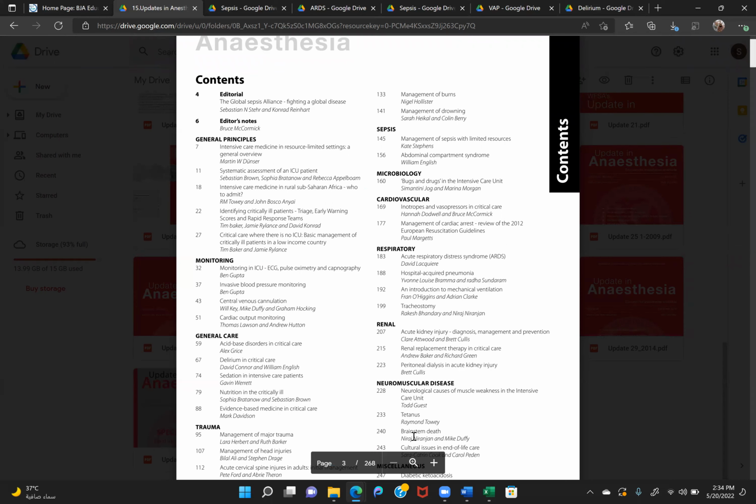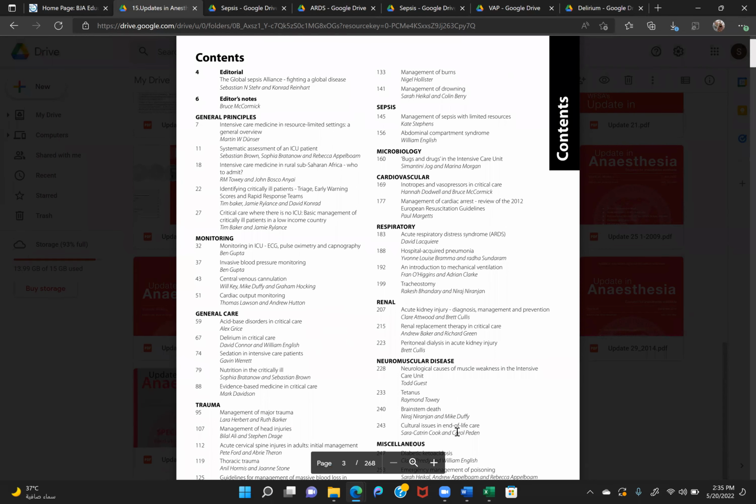Okay. Yes, when we were discussing the neurological system, I forgot to mention brainstem death. There are certain conditions related to ICU and the neurological system. One is brainstem death, one is vegetative state. Okay. And another terminology they ask about is locked-in syndrome.